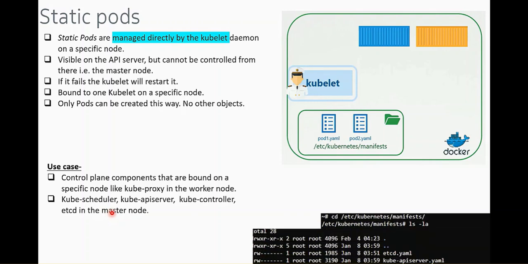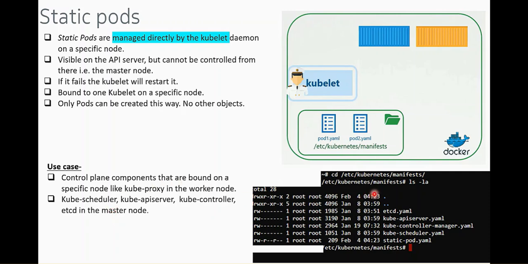If you check this in a private data center, in a private Kubernetes cluster, in the /etc/kubernetes/manifests folder, you will find etcd.yaml, kube-apiserver.yaml, kube-controller-manager.yaml, and kube-scheduler.yaml. These components are actually created as static pods in the master node.